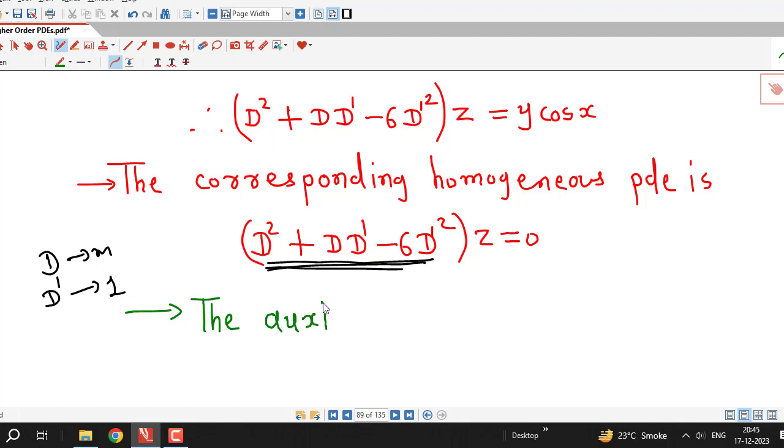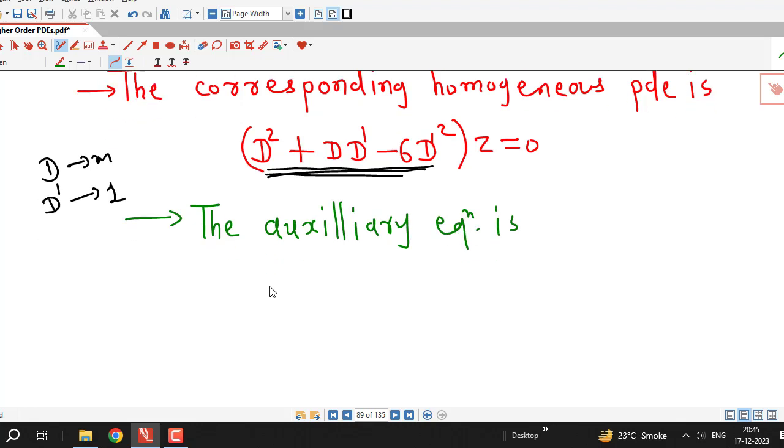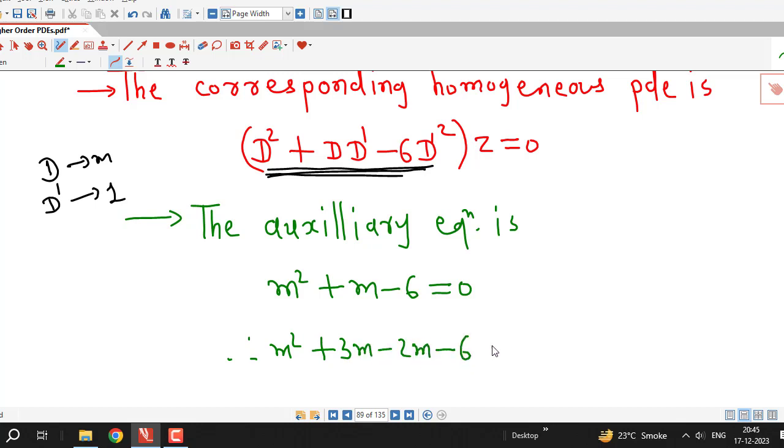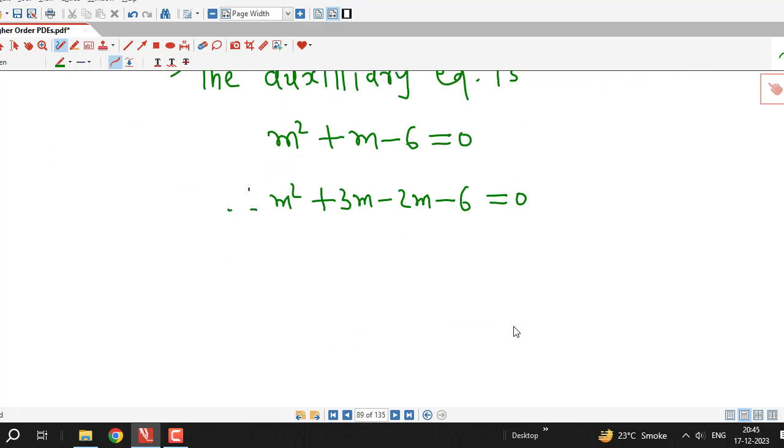The auxiliary equation is m square plus m minus 6 equal to 0. Therefore m square, this m can be rewritten as 3m minus 2m minus 6 equal to 0. This I can rewrite as m times (m plus 3) minus 2 times (m plus 3) equal to 0.